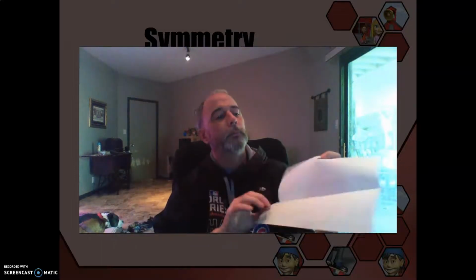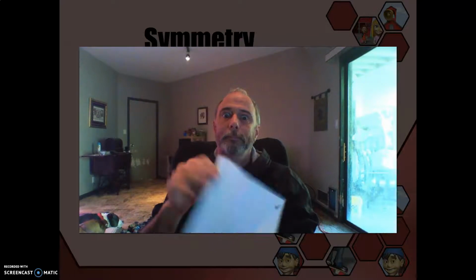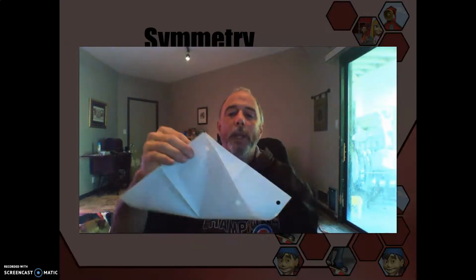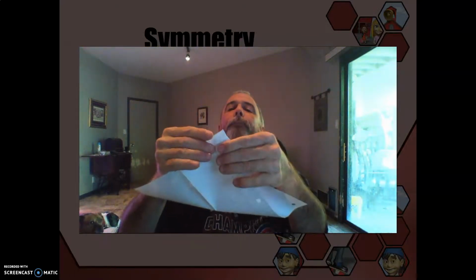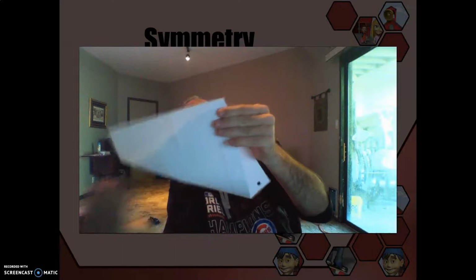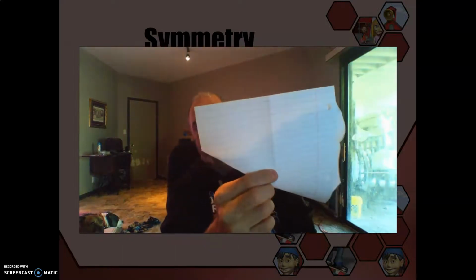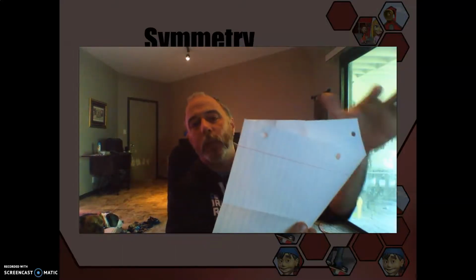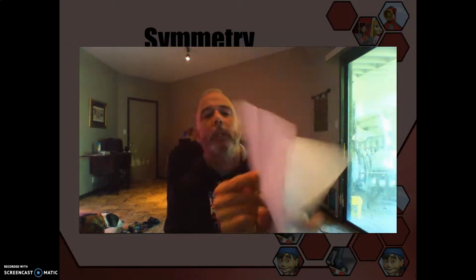Okay, now, I can also take my piece of paper and I can fold it this way, corner to corner. And you will notice something isn't quite right about my shape. I got pieces hanging over the edges here, okay?